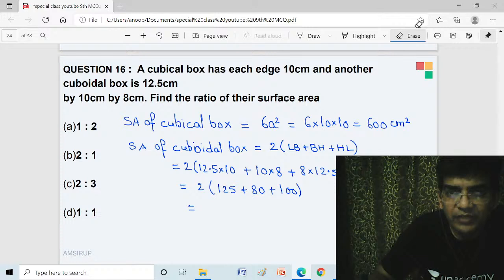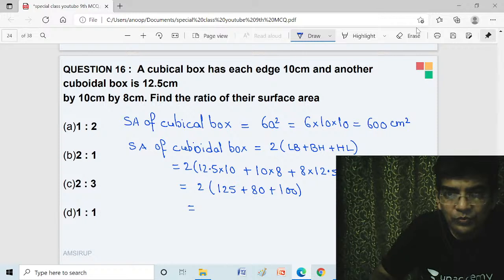Then we have 10 into 8, this will give you 80, and 8 into 12.5 gives 100. 125 plus 80 plus 100 is 305, into 2. That will make it 610.